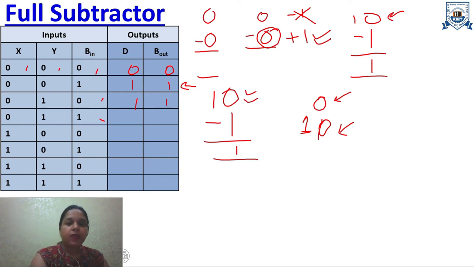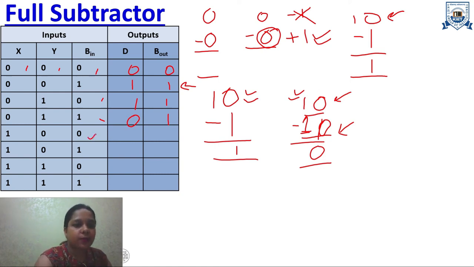Now 0 cannot subtract this 1 0, so for this we need a borrow. So 1 borrow is taken, and then you write 1 over here, and 1 0 minus 1 0 will be 0. So the difference will be 0.